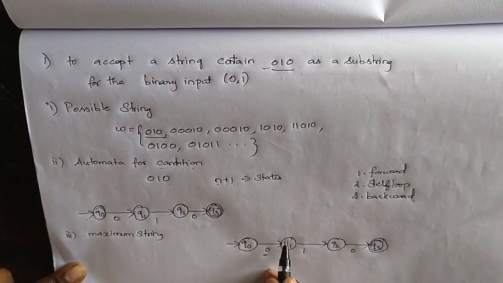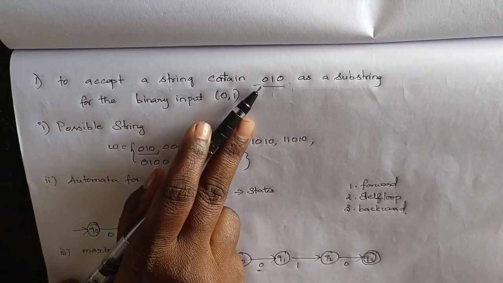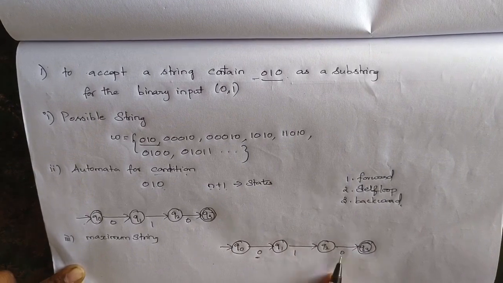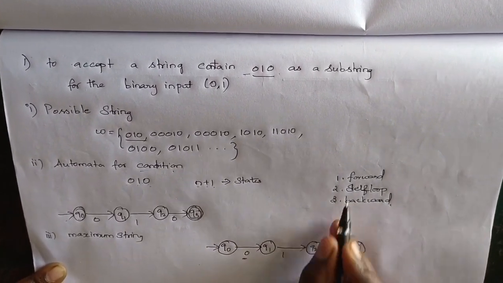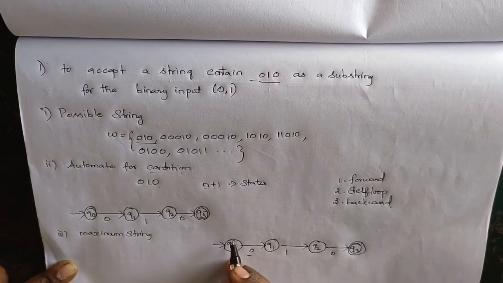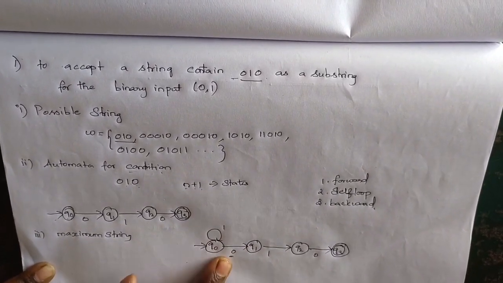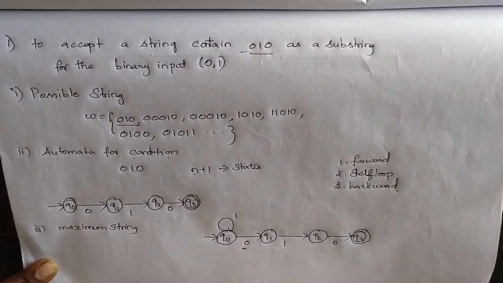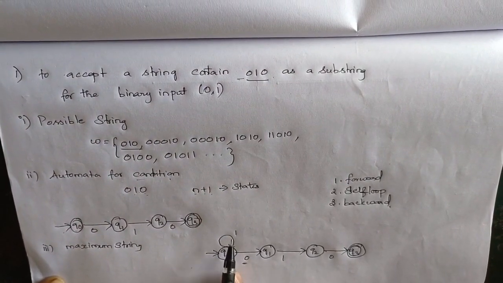If we give 1 to Q1, the substring is 1, 1, 0, which does not satisfy the 0, 1, 0 substring. Similarly for Q2 and Q3 it fails. The next possibility is a self loop. If we give 1 as a self loop at Q0, we get 1, 0, 1, 0 to the final state, so the 0, 1, 0 substring is there and the condition is satisfied. So Q0 for 1 is a self loop.